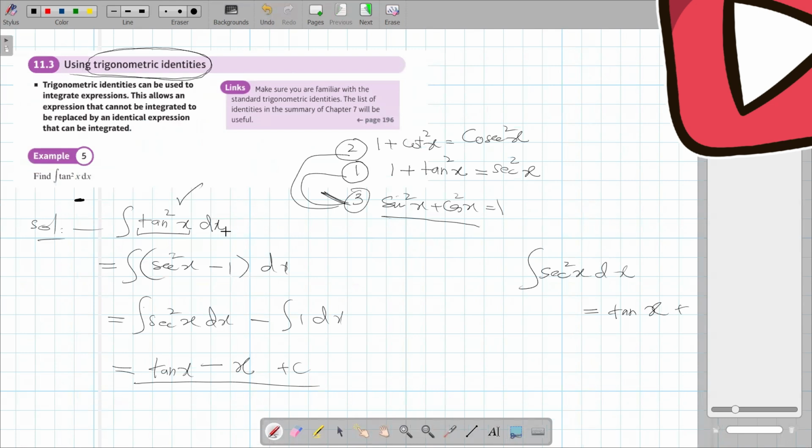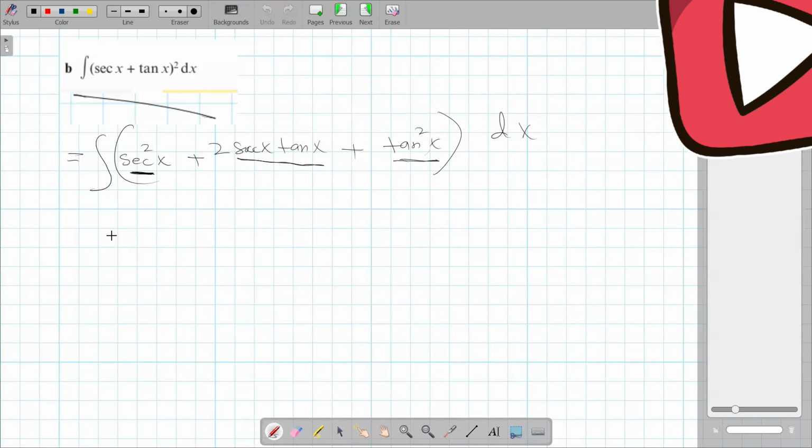How to do integration of tan square? We will do it in the same manner. We need to convert it into sec square. We can integrate the first term, we can integrate the second term. We cannot integrate the third term directly, so we will use a trigonometric identity: tan square x is equal to sec square x minus 1. Why?